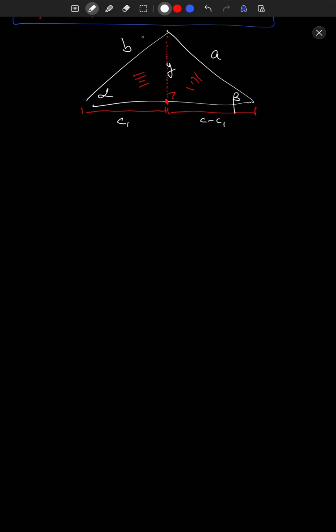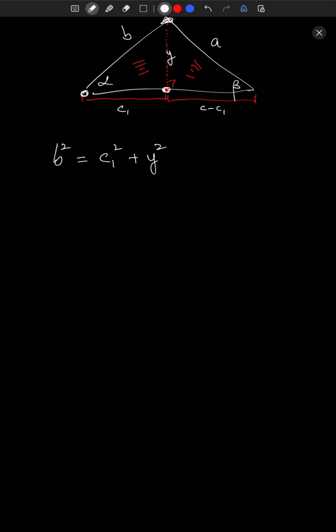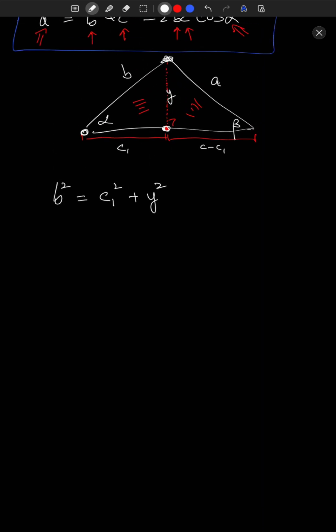The Pythagorean theorem on the left triangle, which has hypotenuse b, says b squared is equal to c1 squared plus y squared. The second right triangle has hypotenuse a and side lengths y and c minus c1. So a squared is equal to (c minus c1) squared plus y squared.